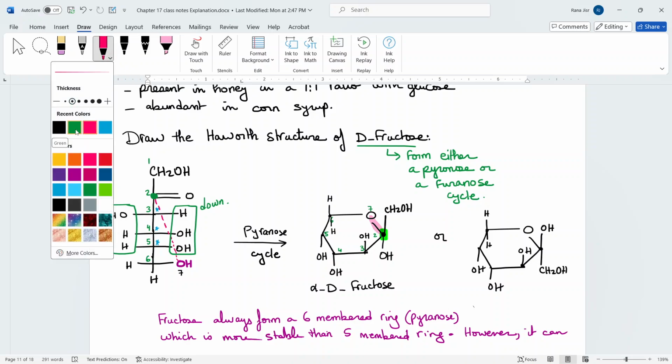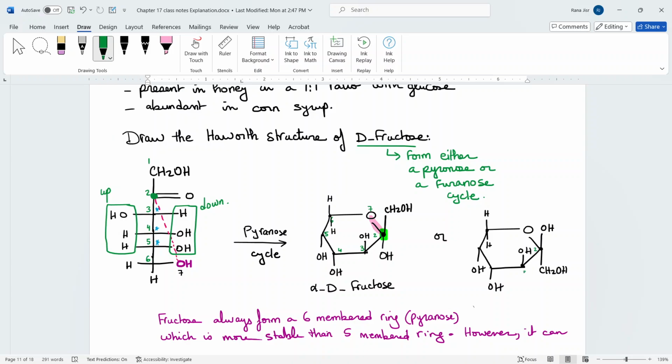If you keep those same numbering here, that is going to be carbon number 2. This is a 3, 4, 5, 6, and 7 in there. And this is going to be carbon number 1. And we're going to call this the beta D fructose.